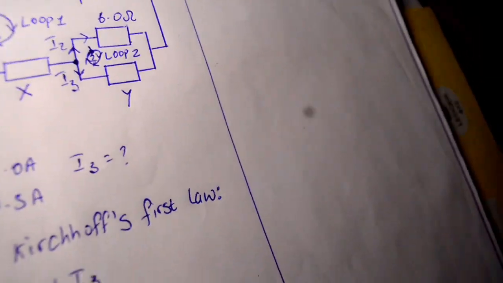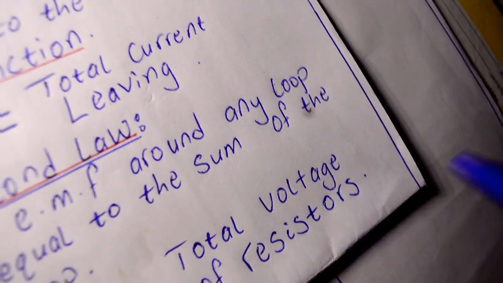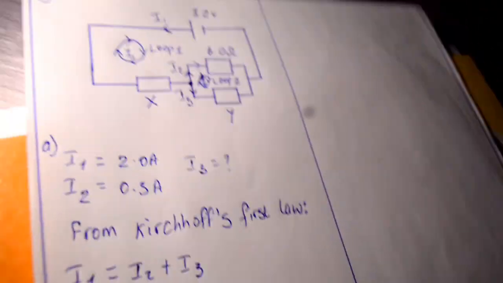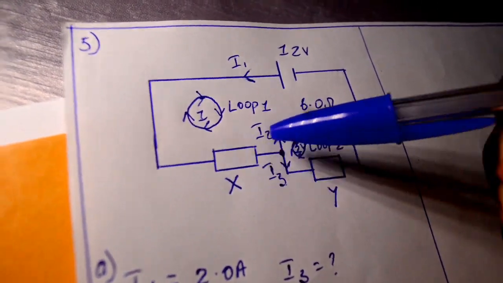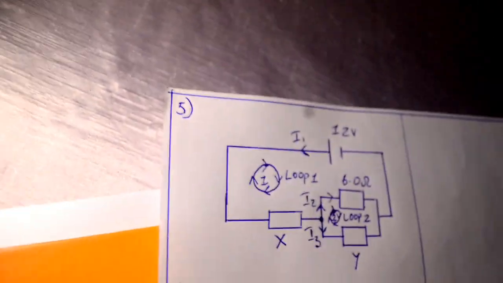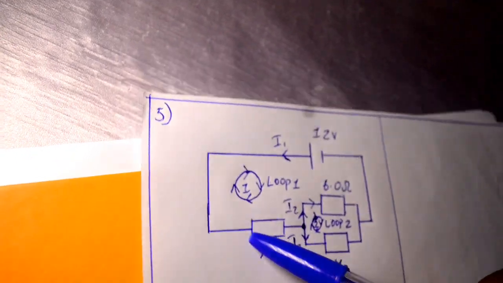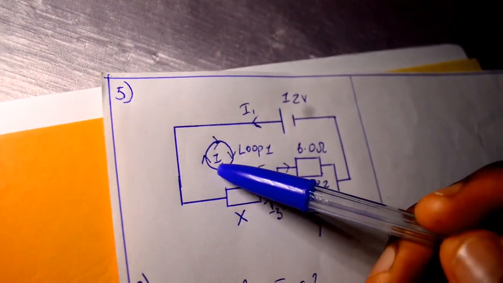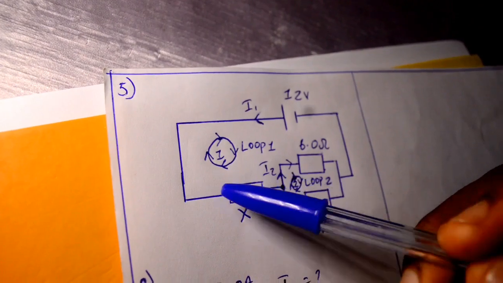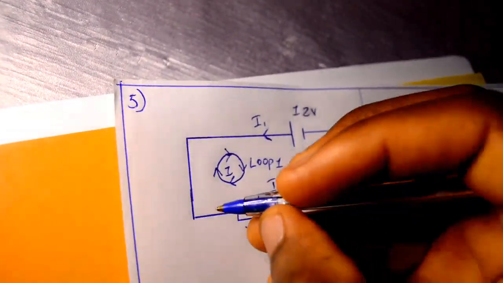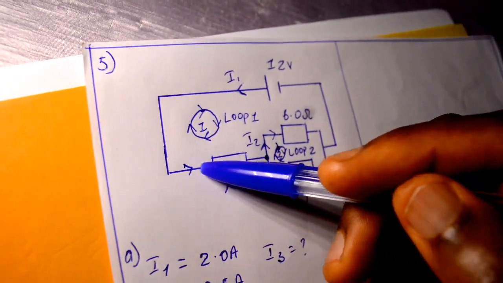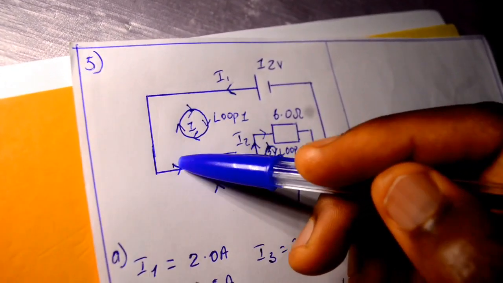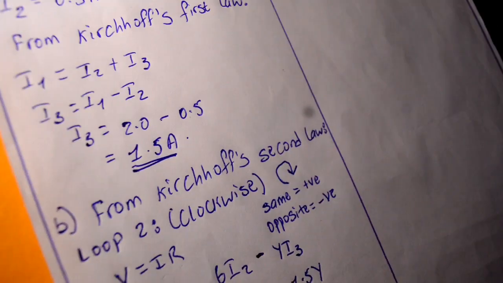Then equal to, on the right you write the total voltage of resistors. So there are two resistors here, this and this. Is the current passing through it going the same direction as the loop or not? In this resistor X, current is going to the right, and the loop is going to the left, so it's the opposite direction, so it must be negative.